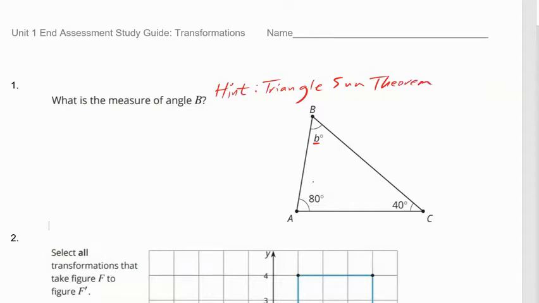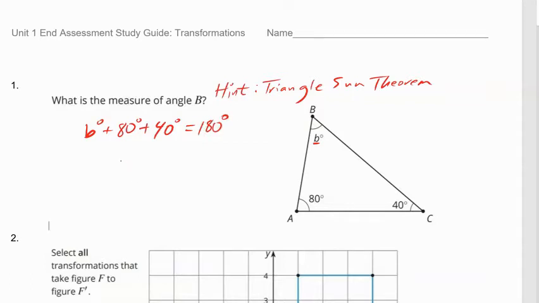Right, so what does that mean? That means that angle B, the measure of angle B, plus the 80 degrees, that's already given, plus the 40 degrees, the measure of angle C, all have to add up to how many degrees?